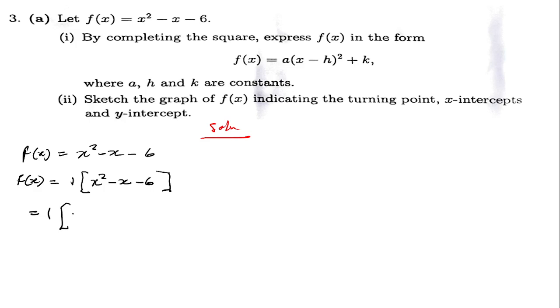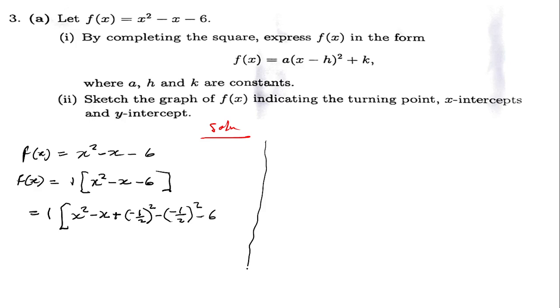The half of negative 1 is negative half. So you're going to have x squared minus x, and then you add and subtract the square of negative half. You add negative half and then subtract negative half squared, and then minus 6. So that's what we have.